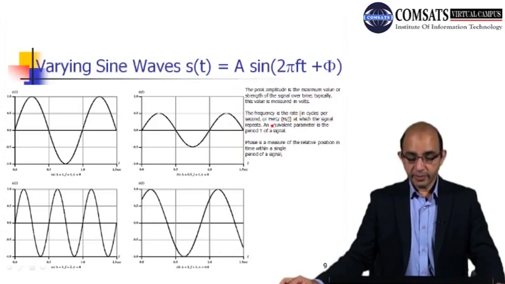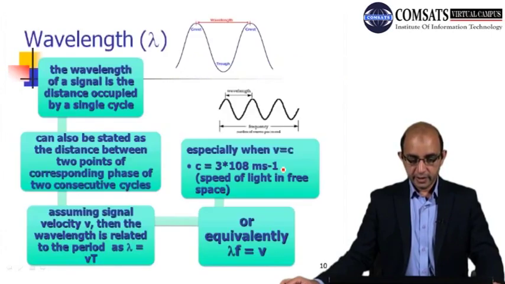The frequency is typically represented in hertz, and phi, the angle, is represented in degrees or radians. Here another important parameter is wavelength. Here we have a normal wave.